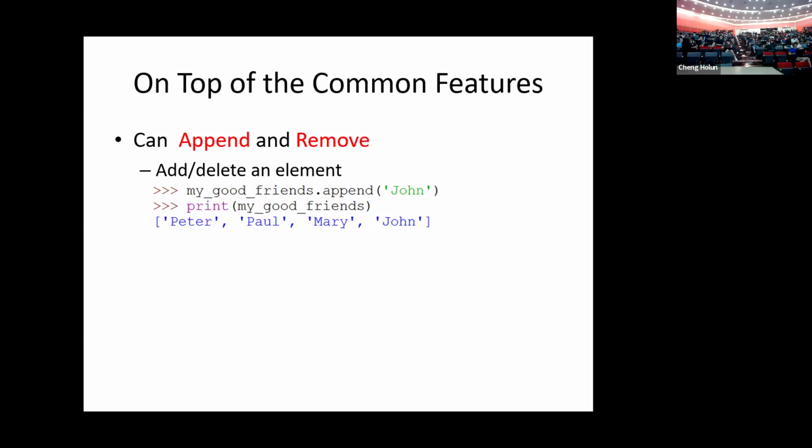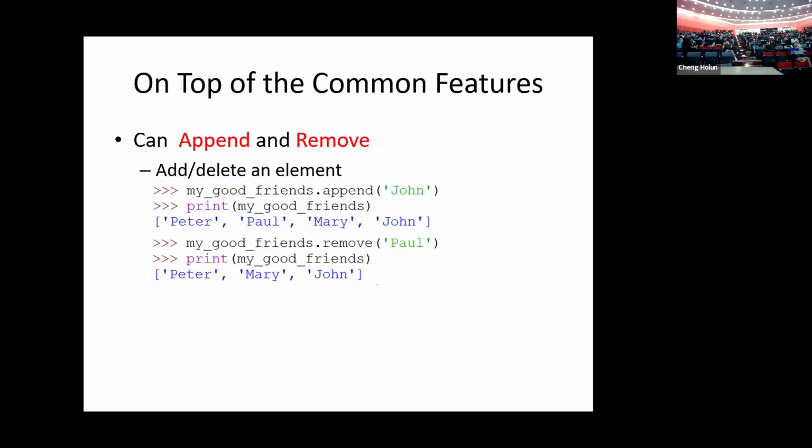Of course, you can remove, okay? I can remove Paul from the list. So you can see the list becomes Peter, Mary, and John because Paul is being removed. If you use the remove function and there's no such item there, for example, now if I say my good friends dot remove Benny, then you will crash the program.